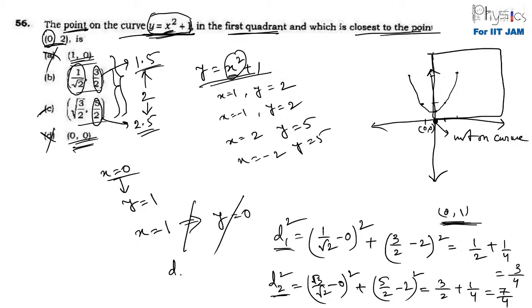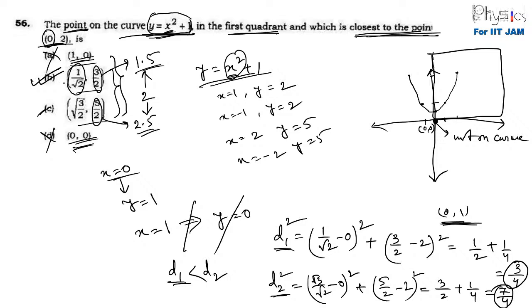That means if we find D1 and D2, which is the smallest one? D1 is the smallest one, that is D1 is less than D2, because root over 3 by 4 is less than root over 7 by 4. So which is the closest point to 0, 2?